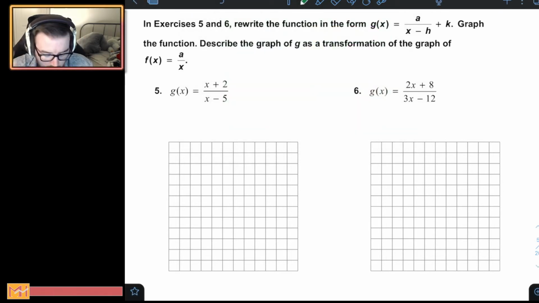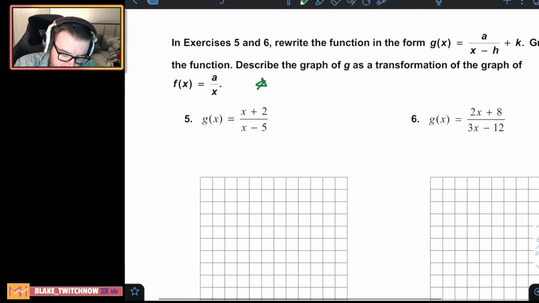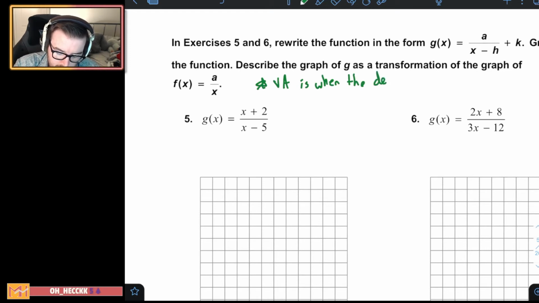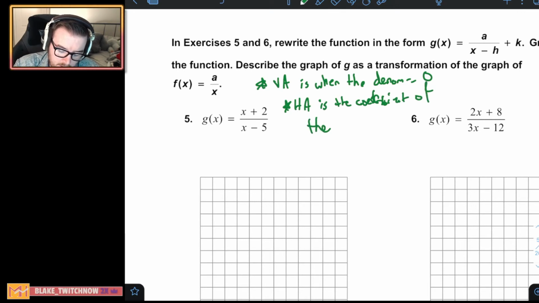I think we should just remember that the vertical asymptote is when the denominator equals 0, and the horizontal asymptote is the quotient, sorry, misspoke.